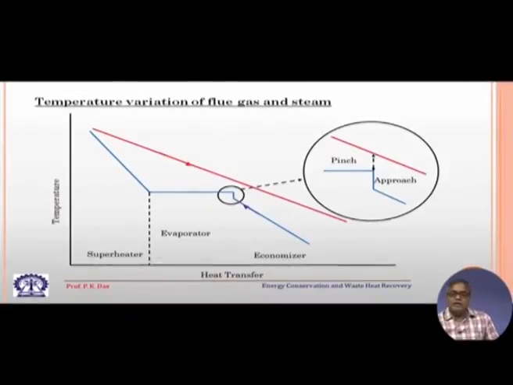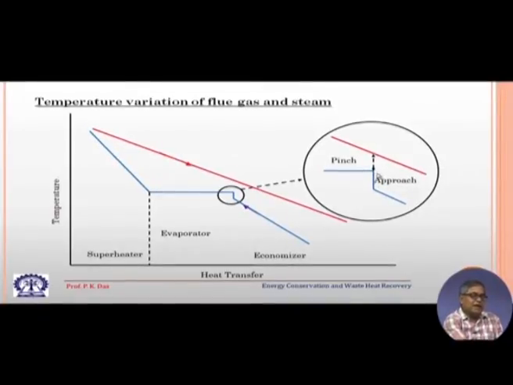Because economizers are not designed to handle steam. If during operating conditions there is a small change of operating parameters and steam generates within the economizer, that is detrimental for the equipment and is not permitted. So, intentionally we have to keep some sort of approach.